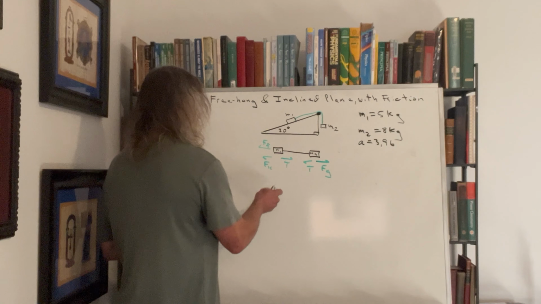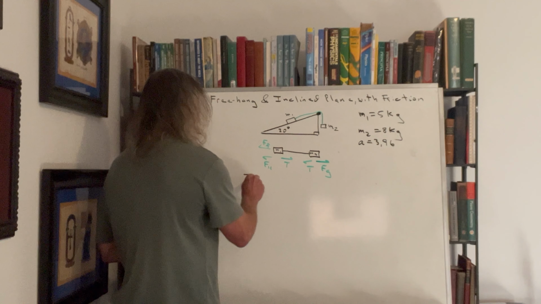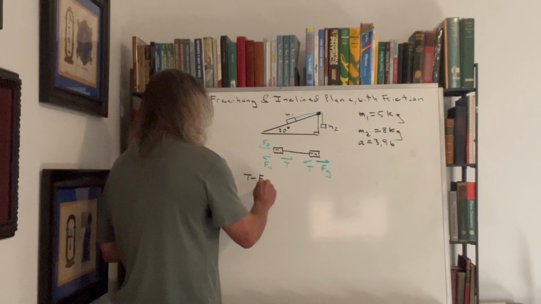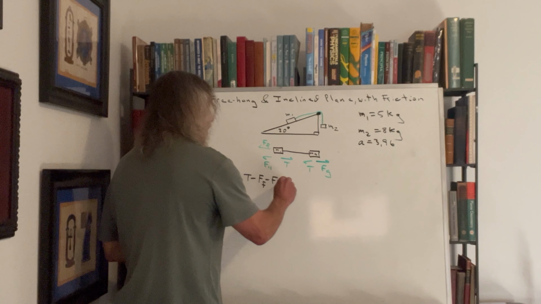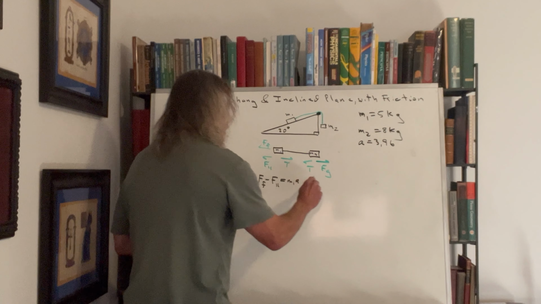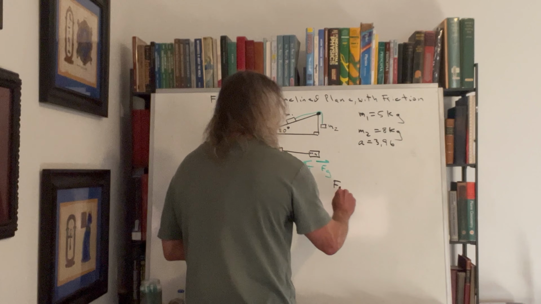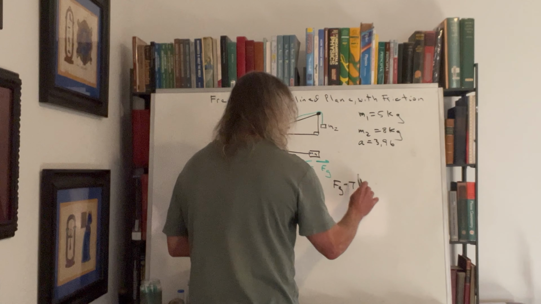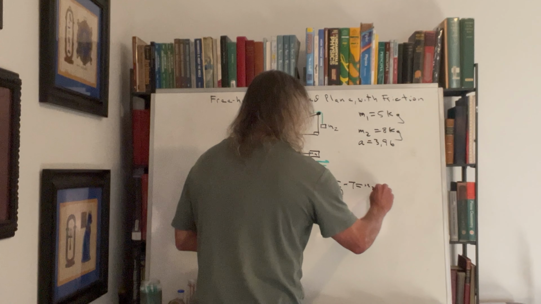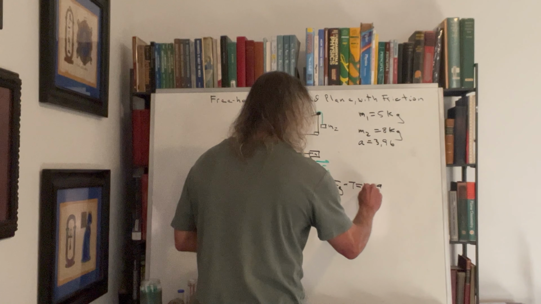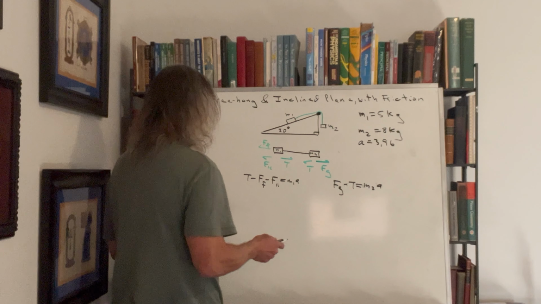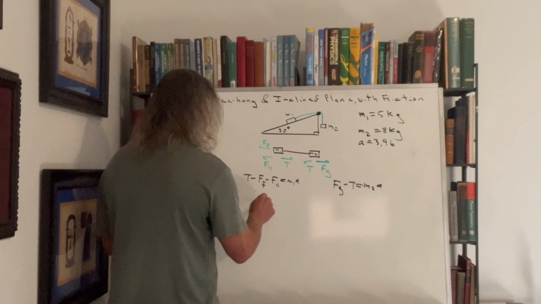So tension to the right, minus force of friction, minus force parallel, equals M1 A. FG minus tension equals M2 A. And then solve.